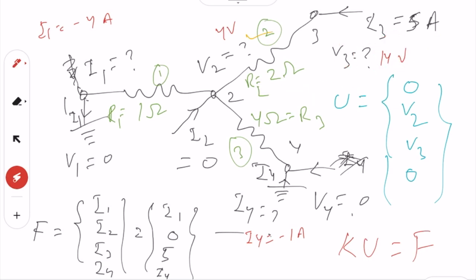Similarly, you can do here. You have a current 1 ampere passing, so 1 ampere multiplied by 4 ohms is 4 volt. 4 volt is the potential difference from here to here, and this is 0 here.